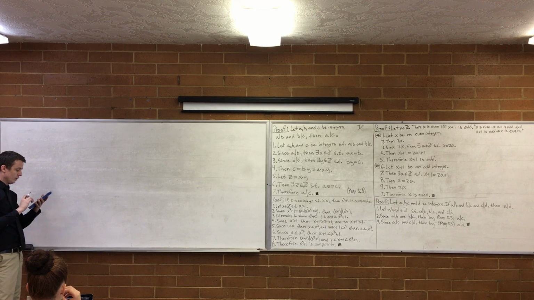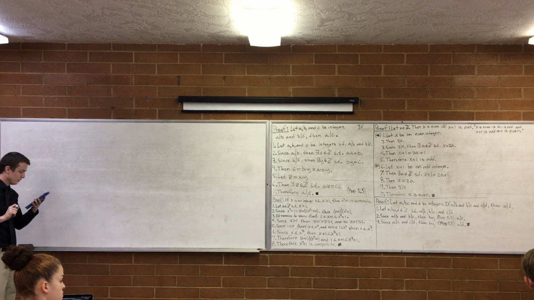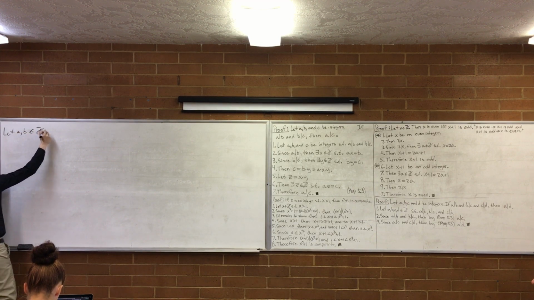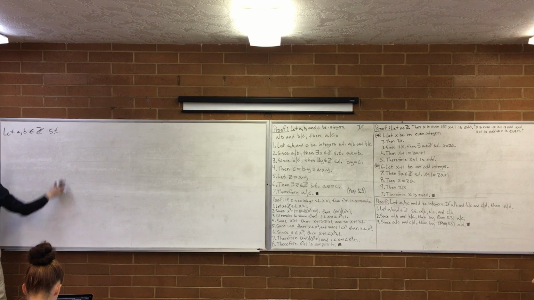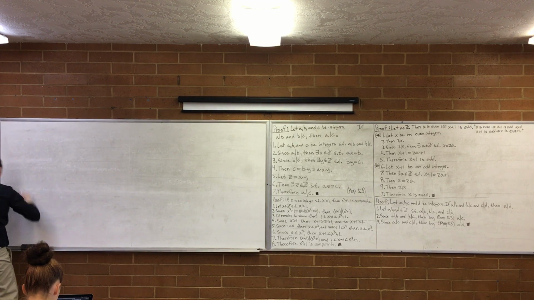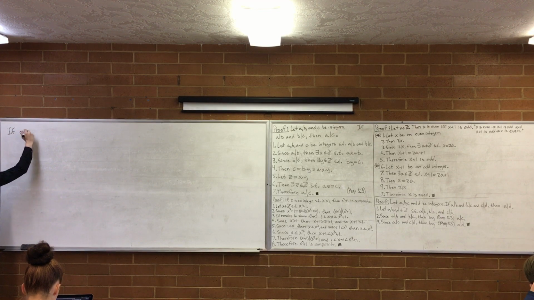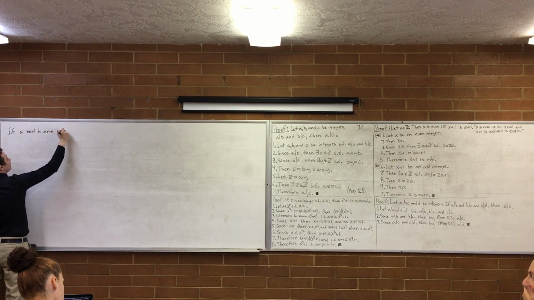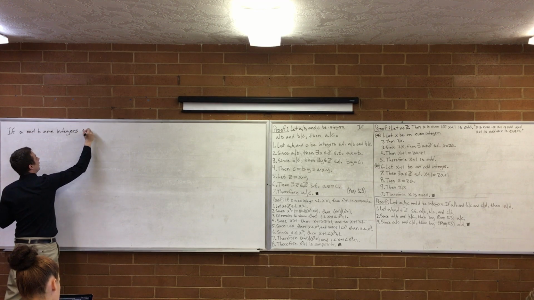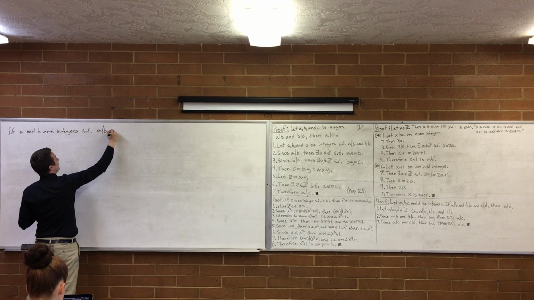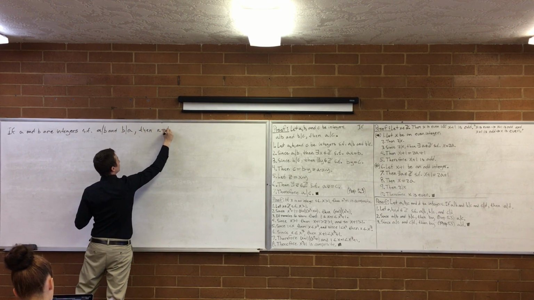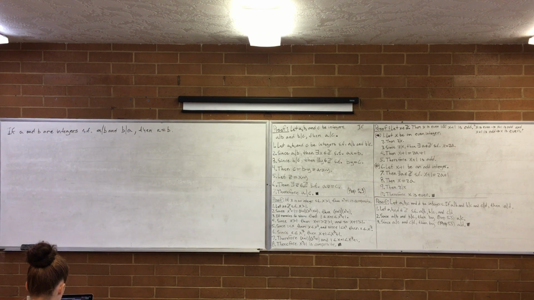Proof by counterexample. Disprove this statement: if A and B are integers such that A divides B and B divides A, then A equals B. Prove me wrong.